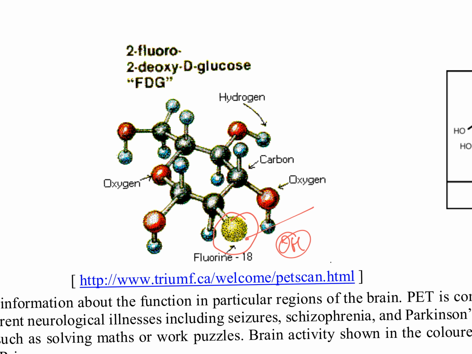This fluorine atom is a positron emitter. It emits positrons, which then go to the nearby electrons and annihilate, giving us our two gamma rays, which are then detected by our PET machine camera.